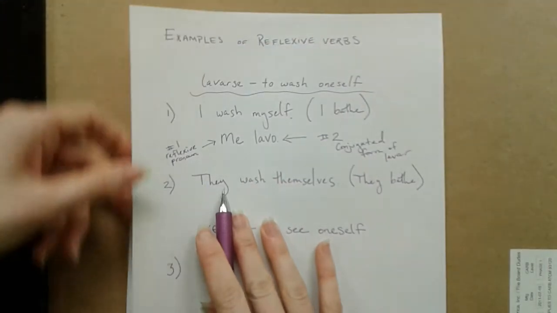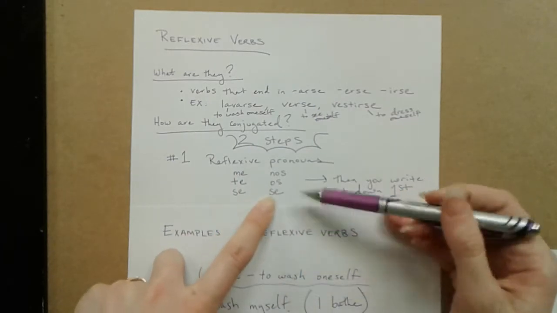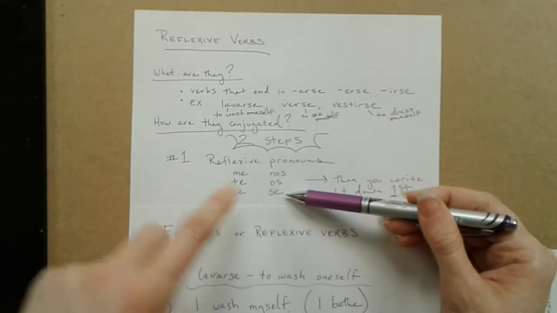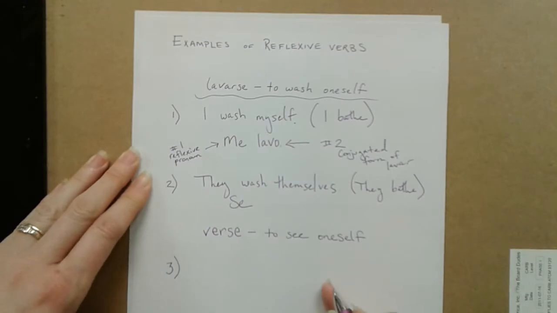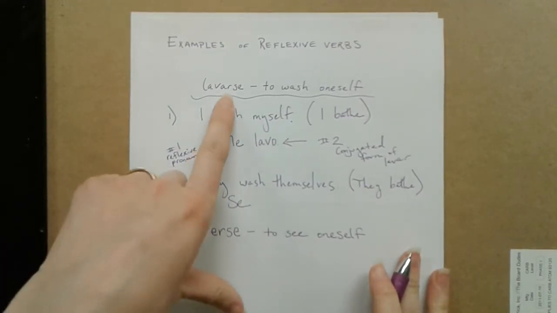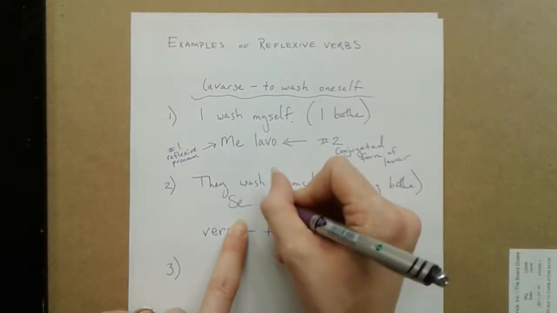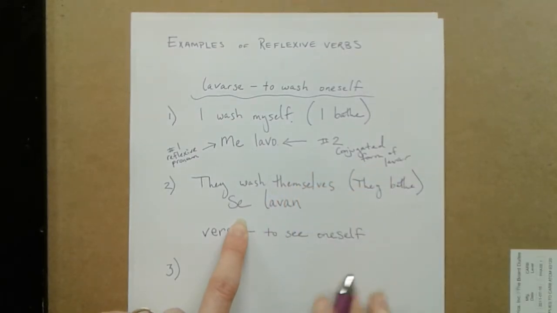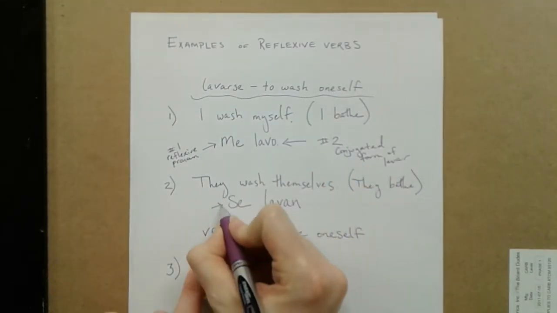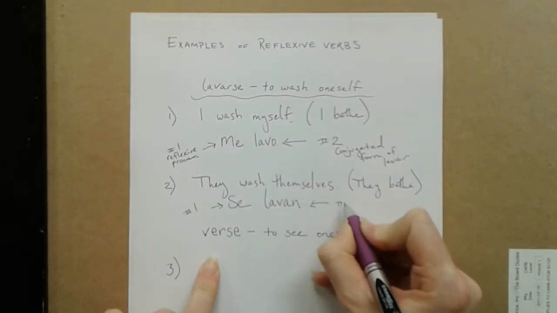So again, if we go back to our notes from before, here's the section that talks about they, so we'll put a se out front. Se, and now the verb lavar, except for they, and we'll keep it in present tense, so you have an A at N ending. Se lavan. They wash themselves. Here we have step number 1. Here we have step number 2.